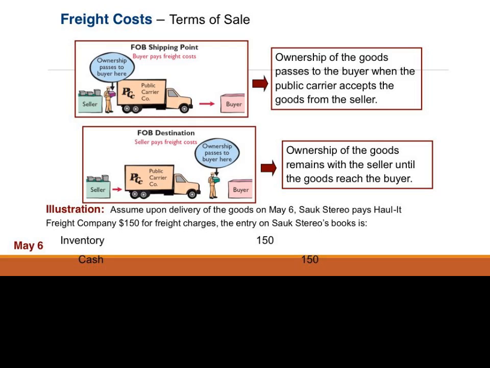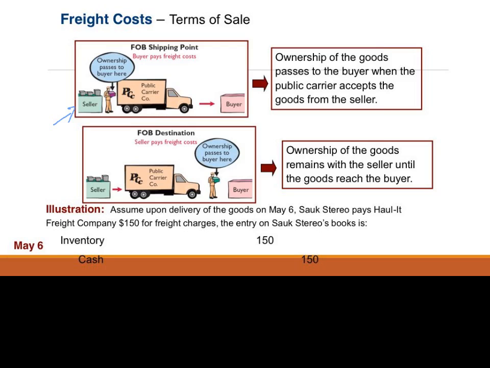Now, FOB shipping point and FOB destination are different, and they're very important. What the seller is saying when they say free on board shipping point is, I am selling to you these items, and I will put them on my shipping dock. You come and pick them up. So in that case, you have to pay the transportation.